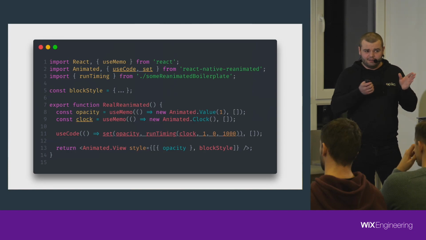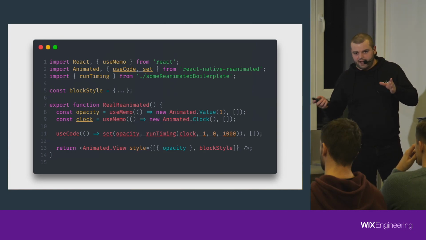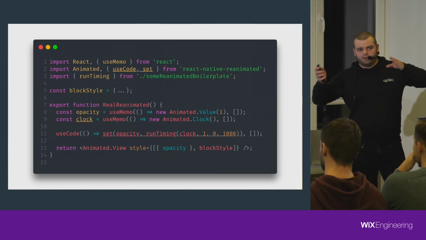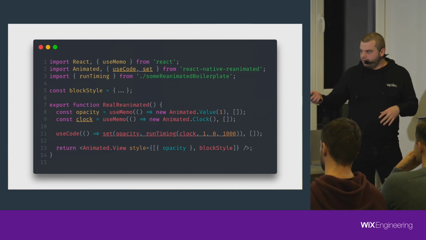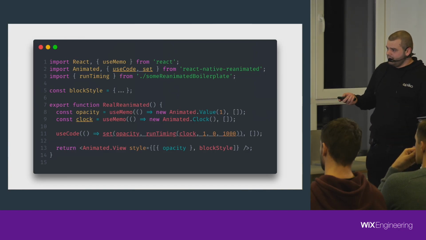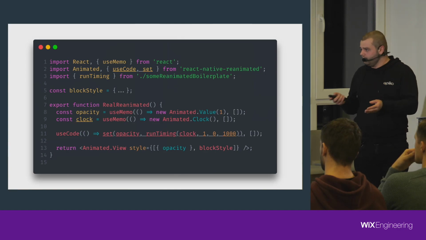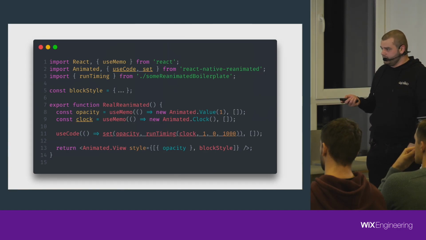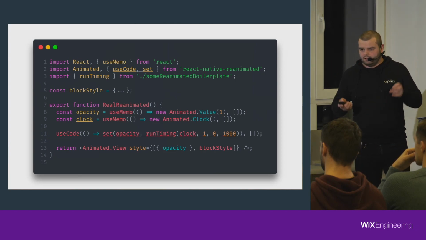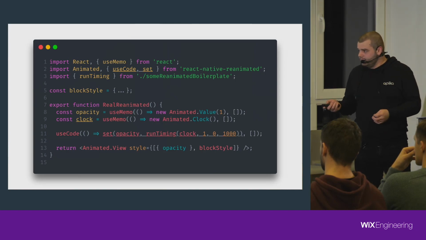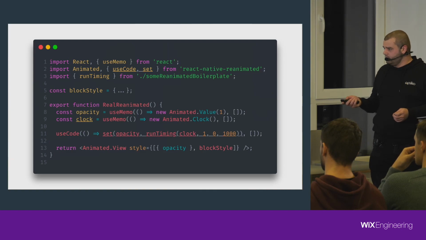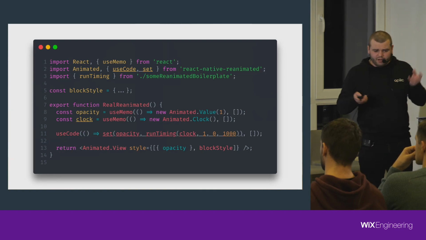It's basically the time in milliseconds, and after each 16 milliseconds we will rerun that runTiming and return some value, like from 1 to 0 during 1000 milliseconds, and that's it. That will be executed right away. Then you mount your components.